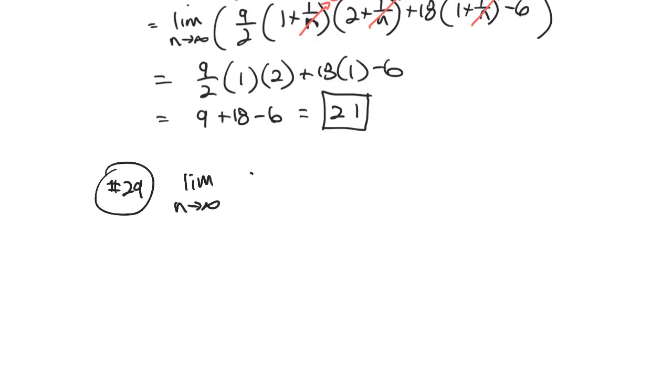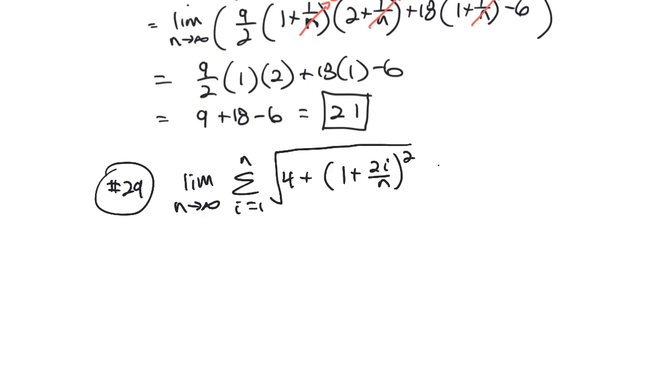So it should be summation i equals 1 to n, 4 plus 1 plus 2i over n, and it's squared. The book forgets to put that little square there. Times 2 over n. So when you look in the back of the book, they don't have this square. We need the square there. So keep that in mind with number 29.